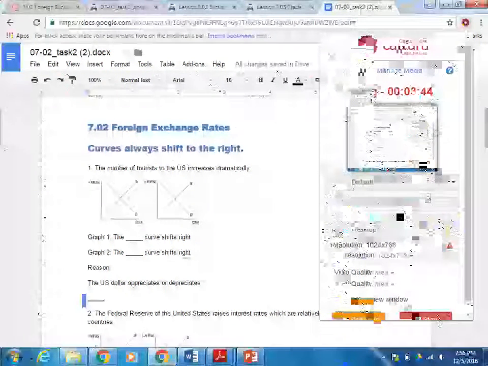Sorry for the pause. I just really wanted to make sure I had this right and that I could explain this easily to you guys. So the number of tourists to the U.S. increases dramatically, so more tourists are going to be giving up their foreign money to the U.S.